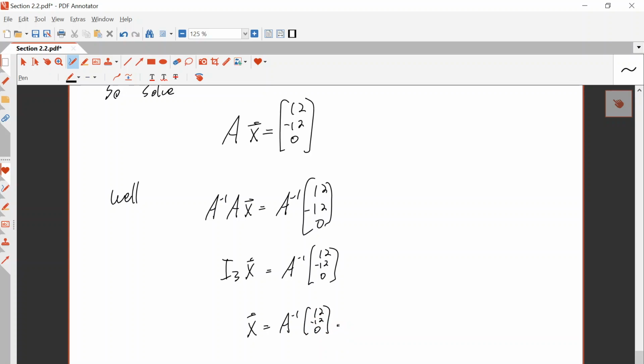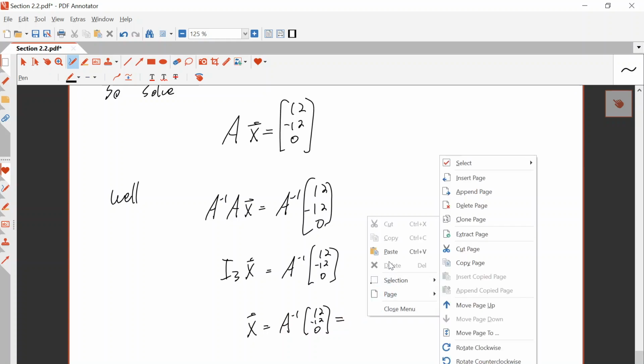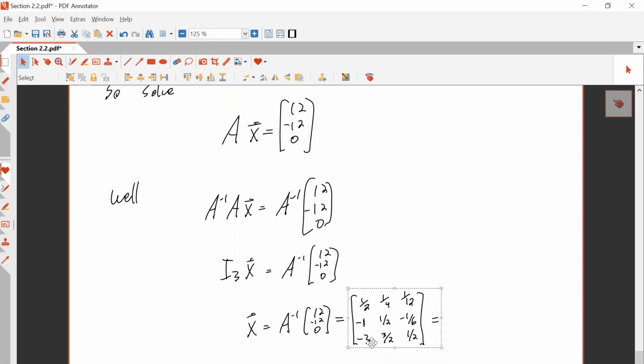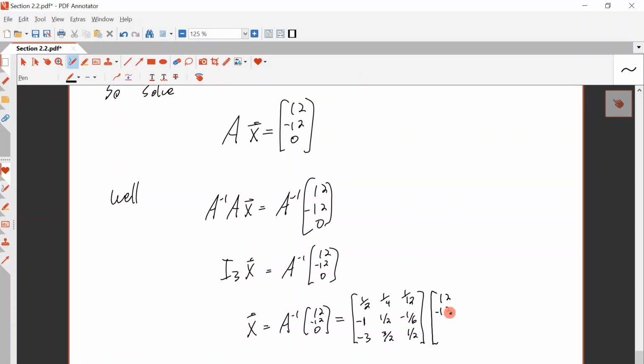You already did the row reduction, so there's no need to do it again, because you've got the inverse matrix. So that inverse matrix is this right here, times 12, -12, 0. And what do you get? So we have 6 minus 3. 6 minus 3 is 3. And then minus 12 minus 6, which is minus 18.